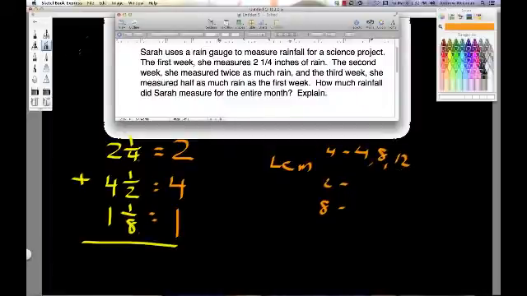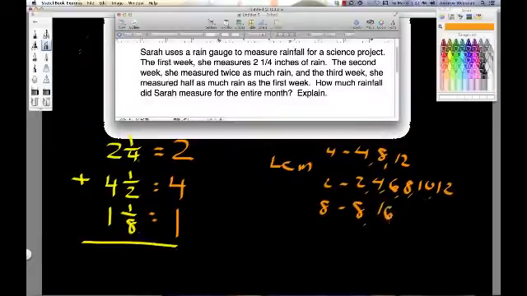I'm going to stop there. 2, 4, 6, 8, 10, 12. I'm going to stop there. For 8, we have 8, 16. Well, wait a second. We have a winner here. It's 8. So we're going to end up using eighths. So let's do that.